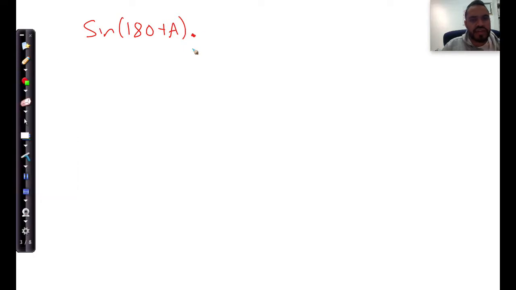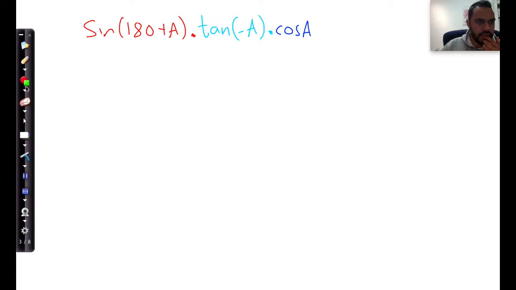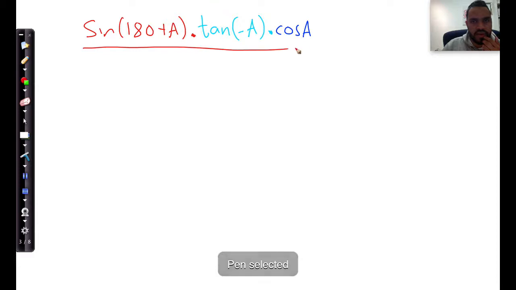I'm going to try and color code this example, multiplied by tan of negative a, multiplied by cos of a, let's try and use blue, okay, all divided by cos squared 90 plus a.